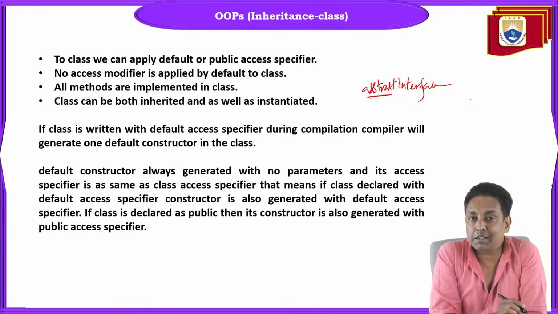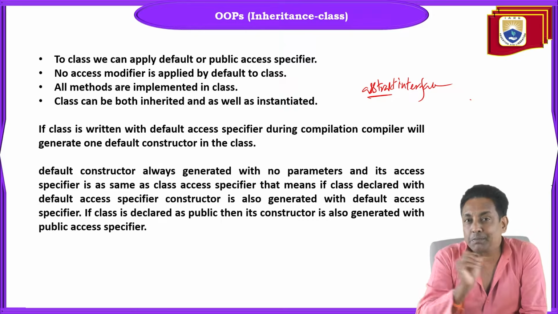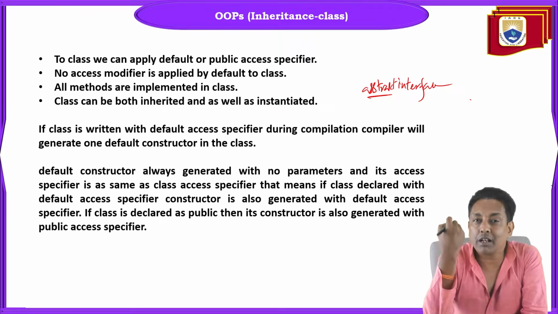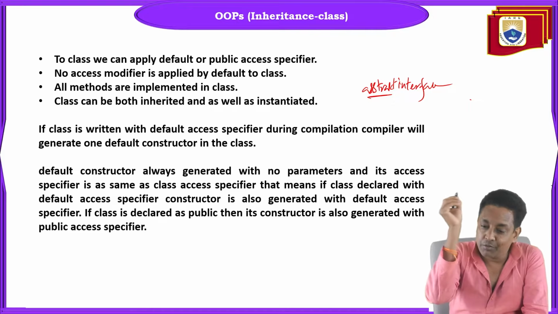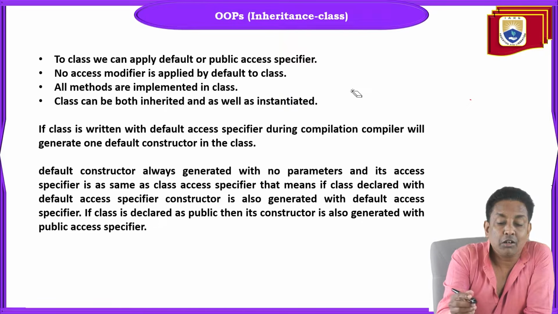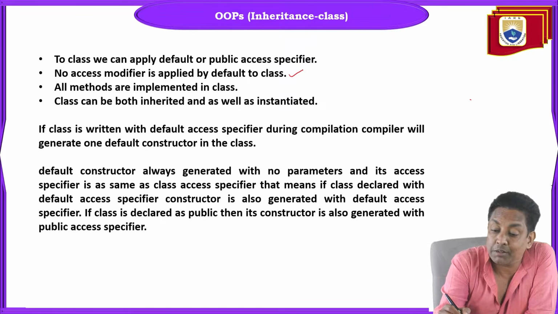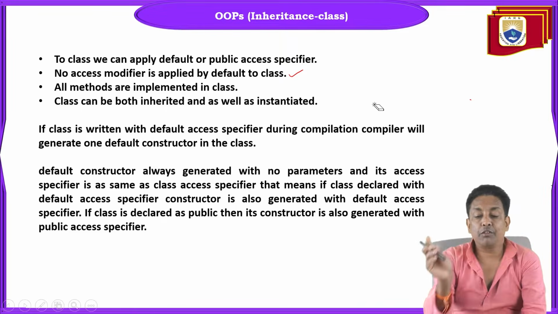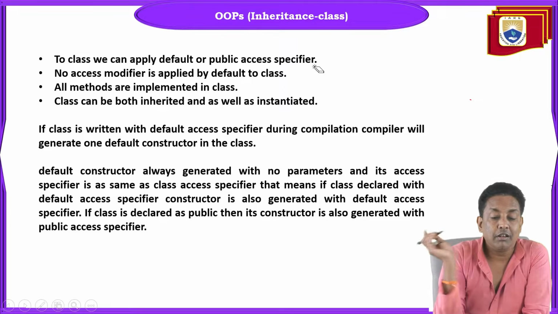But coming to the class, whether you want to declare classes public or default, abstract or final, that keyword should prefix the class. Hence, no access modifier is applied to a class by default. No public, no abstract, no final. However you declare, that is how the class is.